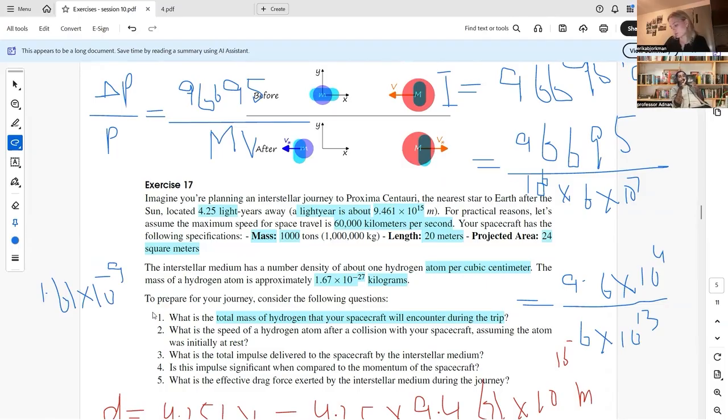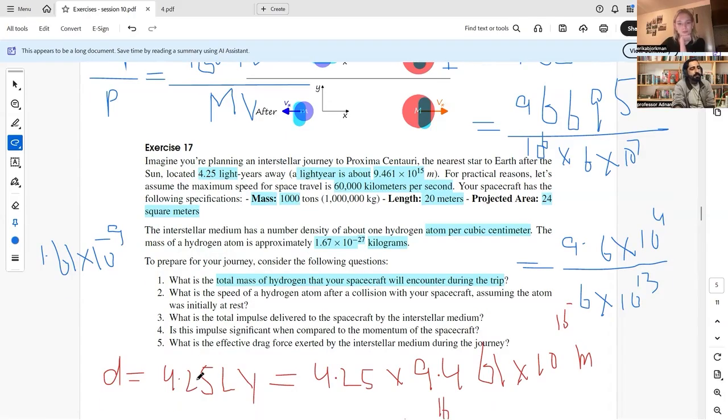So it is not disturbing the motion of the spacecraft, because the impulse compared to the momentum of the spacecraft has a very low value, almost 9 to 10 orders of magnitude lower, so it will not affect the motion of the spacecraft. Is it clear? Yeah, it's clear. The question was whether it is significant when compared to the momentum, so it is not significant. It is a very small quantity and will not affect the motion of the spacecraft.